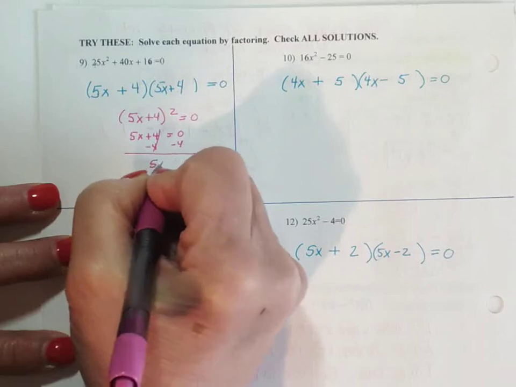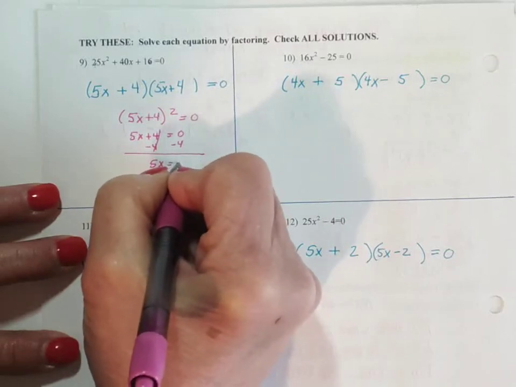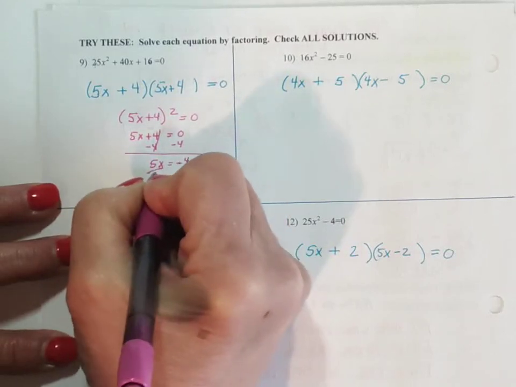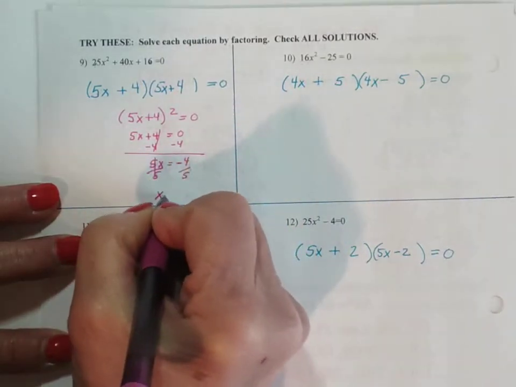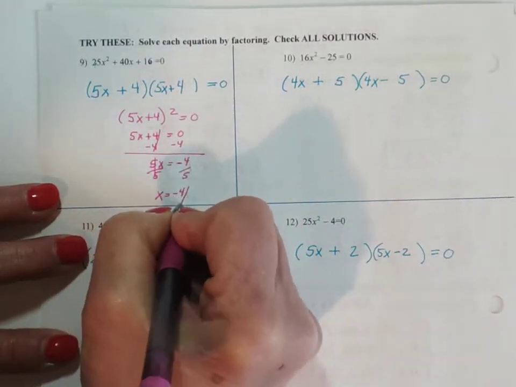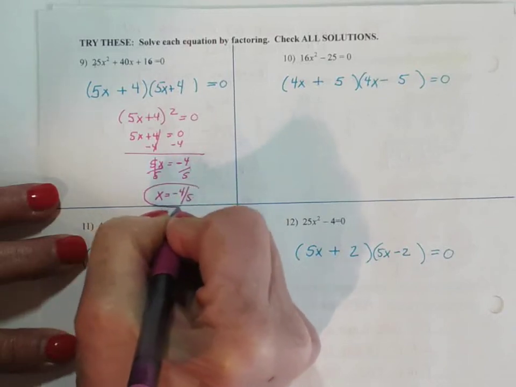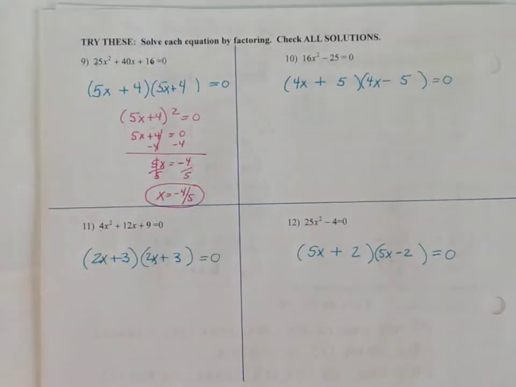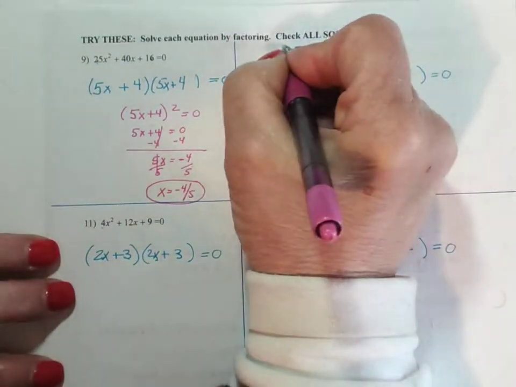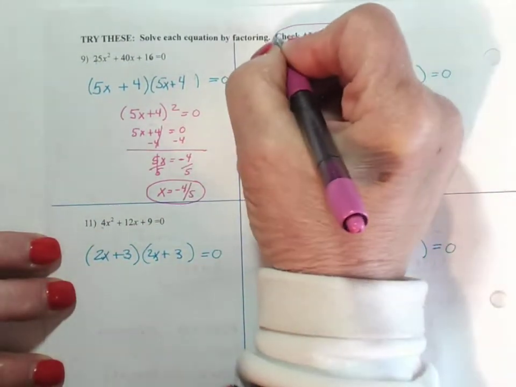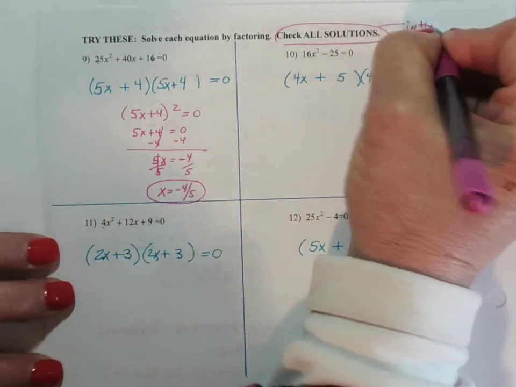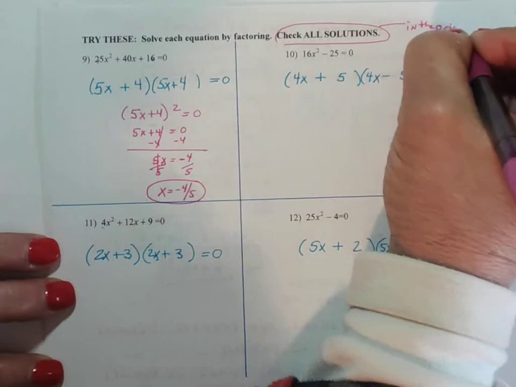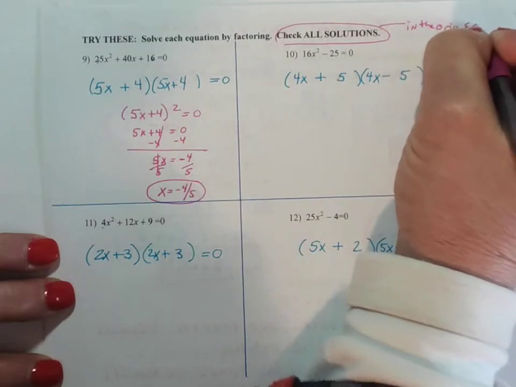I get 5x equals negative 4. Divide by 5. x equals negative 4/5. All right. And make sure to check your solutions in the original equation.